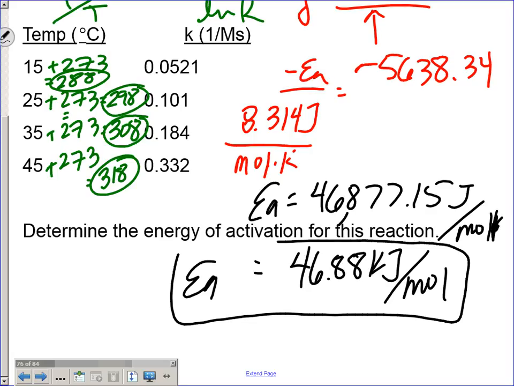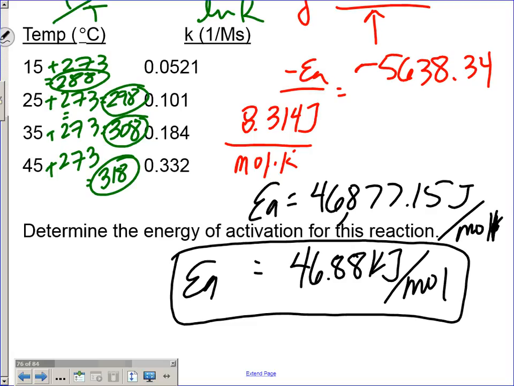Relatively, it's not huge, right? We've seen kilojoules like 200, 300 kilojoules per mole for our delta H's. That's not a huge activation energy. Knowing that, what can that tell you about the rate of this reaction? Pretty fast, right? Because we don't have much of an energy barrier to achieve, so it's going to be pretty attainable.